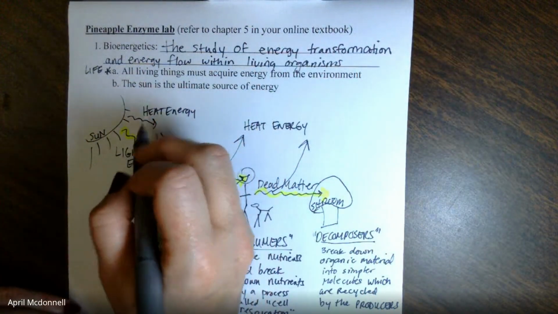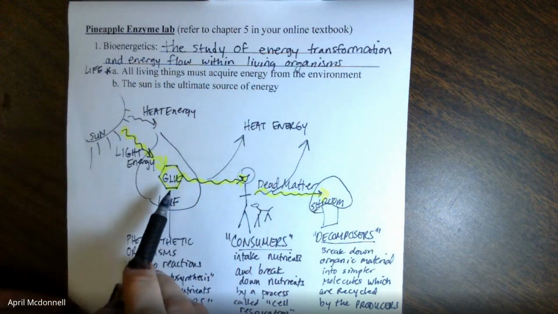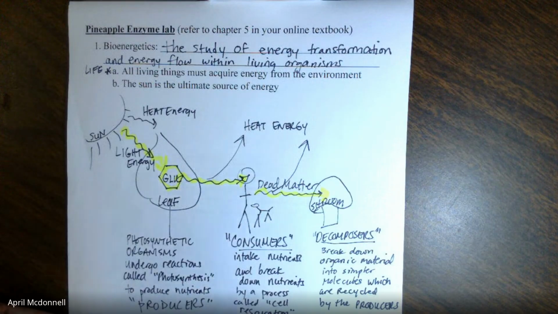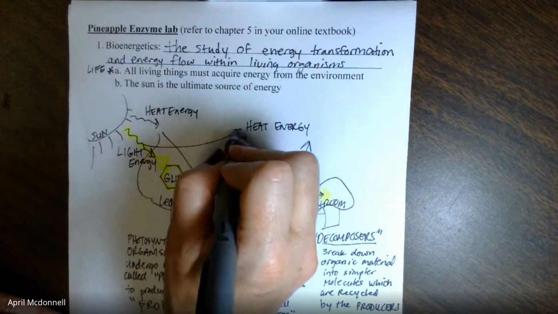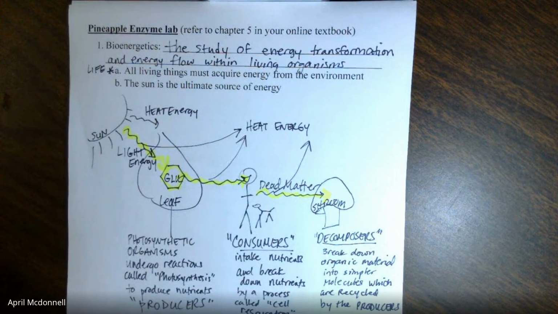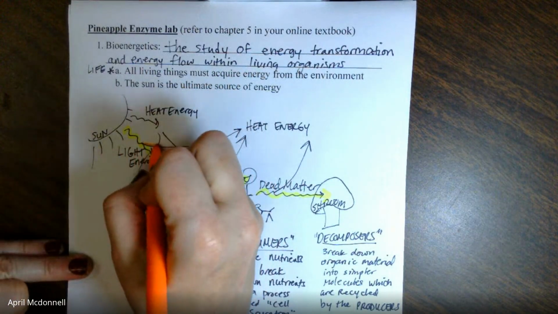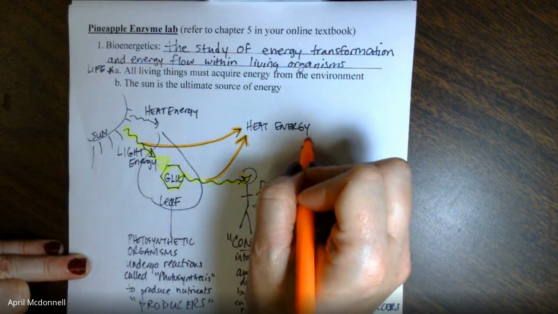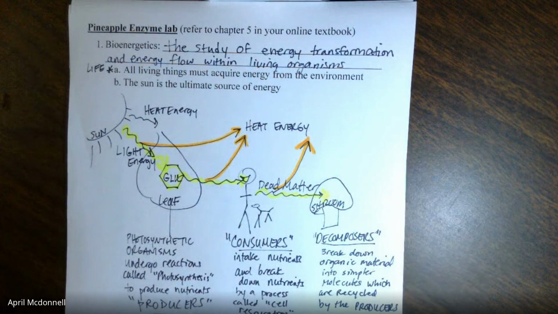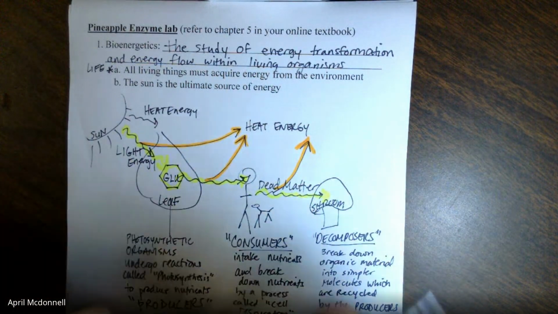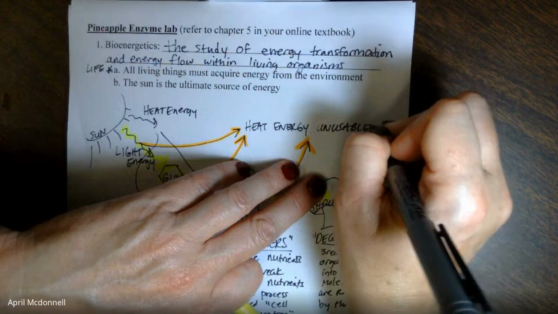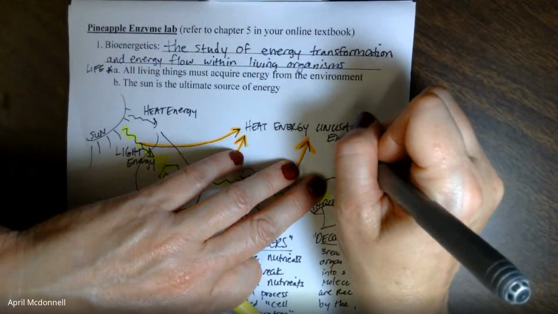Energy is also released when the leaf converts light energy into the energy that will be trapped inside of the glucose molecule. The heat energy that is released is ultimately an unusable type of energy for living organisms.